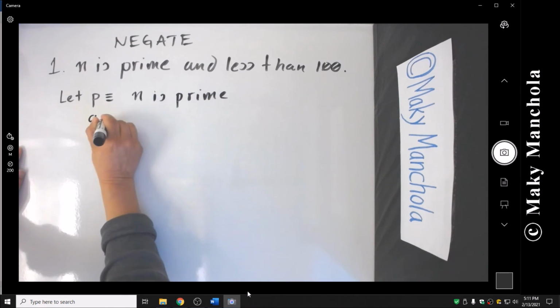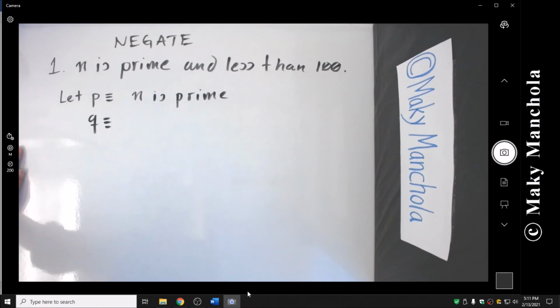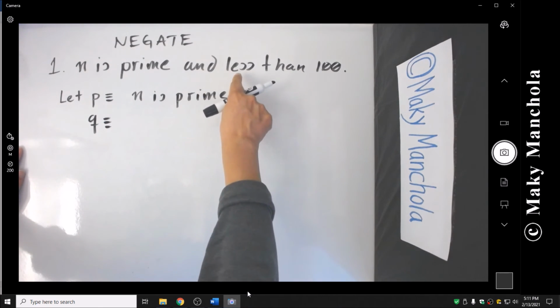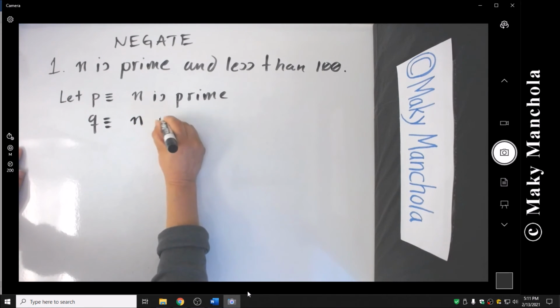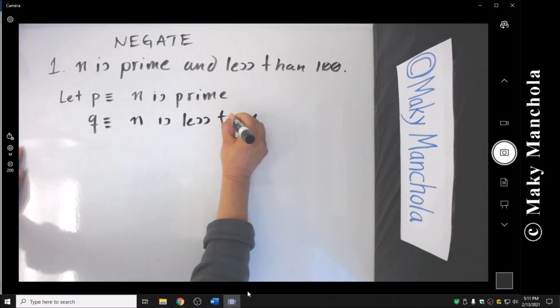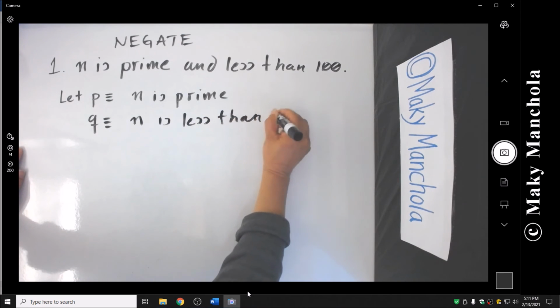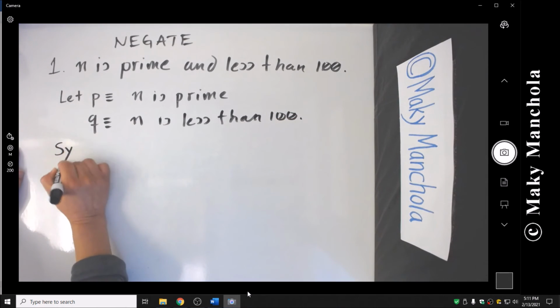Let Q be logically equivalent to the second component. This is referring to n, so we're going to declare that n is less than 100.